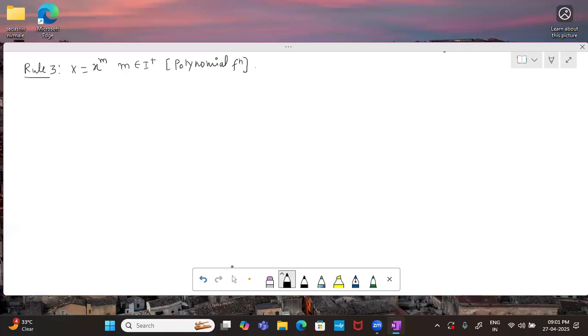Suppose, for example, you are asked to find this PI. First we see the example so you get the idea about this. x square plus 1, isn't it? In the expression x square plus 1, the maximum power of x is 2, and 2 is a positive integer, so this is called a polynomial function.